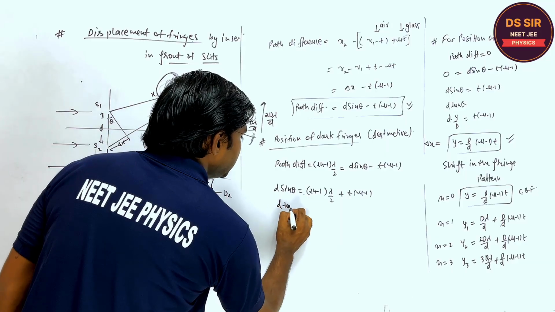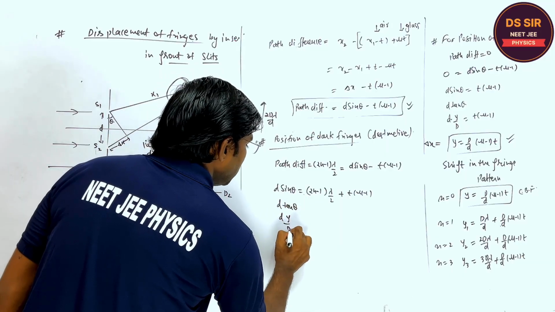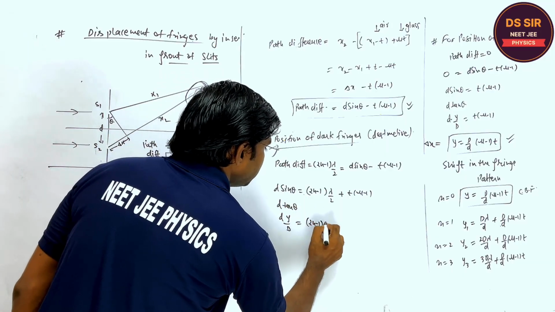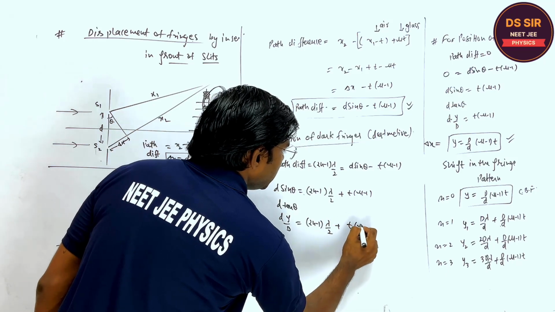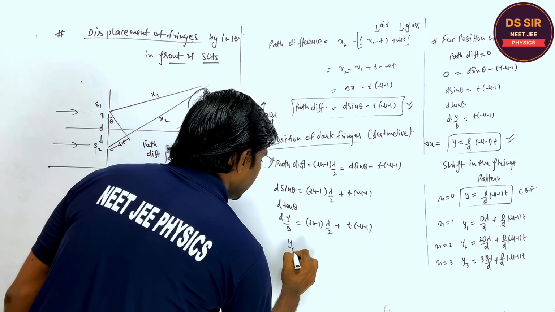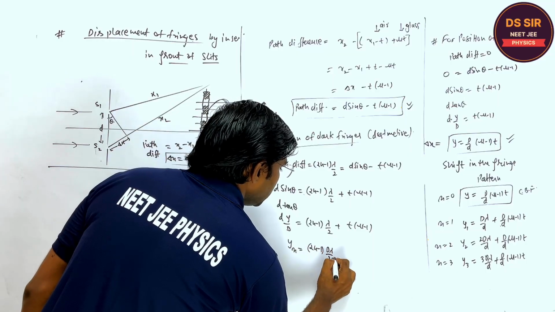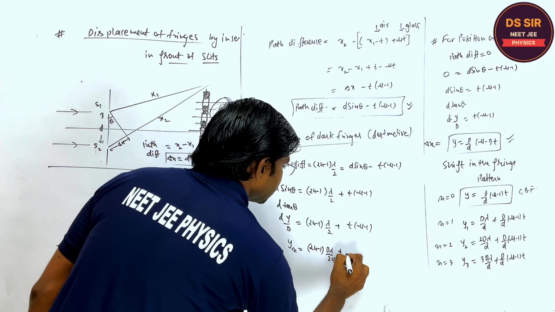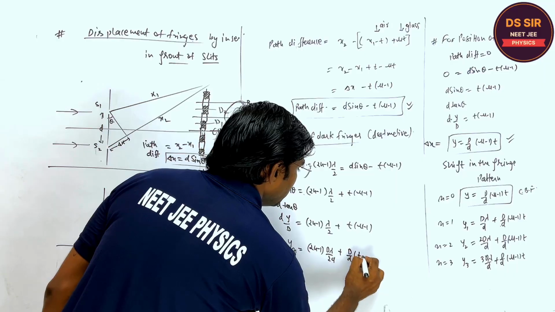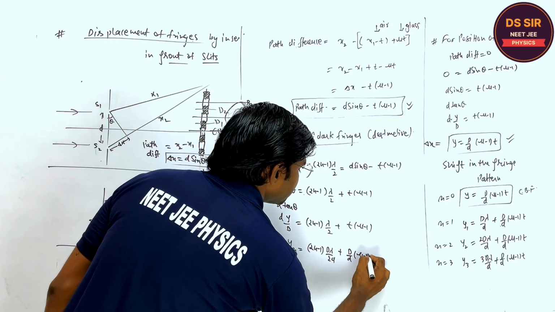D sin theta is d tan theta, which is y upon d, so y upon d is equal to (2n minus 1) lambda by 2d plus t (mu minus 1). Yn is equal to d lambda over 2d, plus d upon d (mu minus 1) into t.